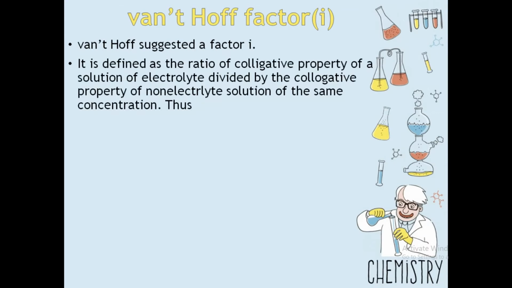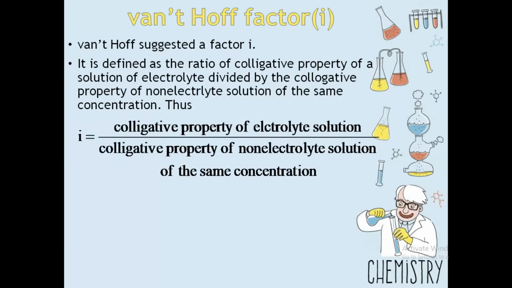It is defined as the ratio of the colligative property of a solution of electrolyte divided by the colligative property of a non-electrolyte solution of the same concentration. Thus, we can say that i is equal to the colligative property of electrolyte solution divided by the colligative property of non-electrolyte solution of the same concentration.